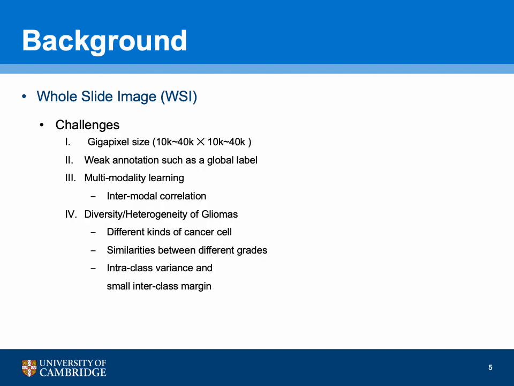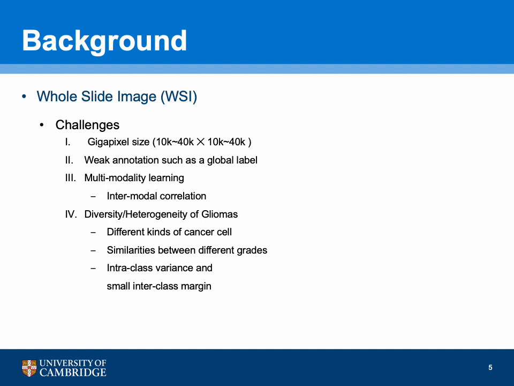However, if we want to analyze WSI by automatic methods, we will face some challenges. Firstly, the size of WSI is quite large, and for glioma datasets, we only have weak annotation. Based on the previous introduction, the 2 modalities are quite promising to complement each other because they have their own advantages in representation.